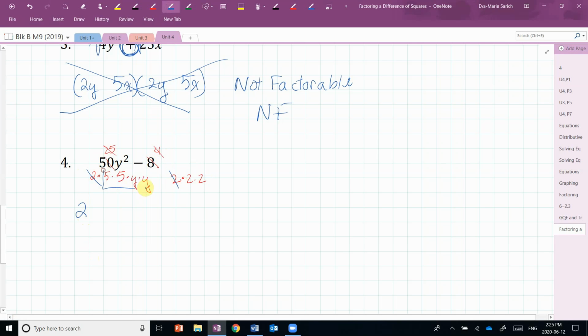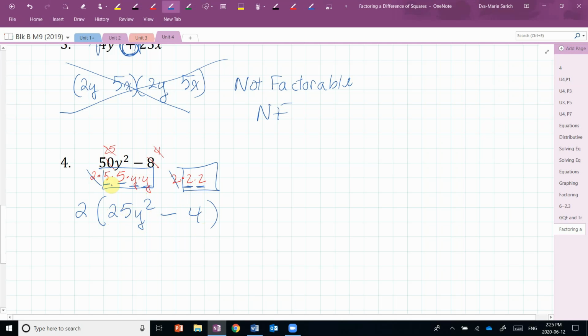Now, when we look at what's left, were we able to take the square root? Yeah, because you've got 5y and 5y. So in fact, those are repeating twice. And we've got 2 and 2 repeating. Now, you could put that back together and you could say 25y squared subtract 4.